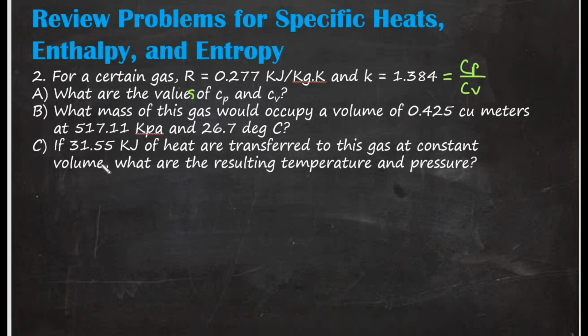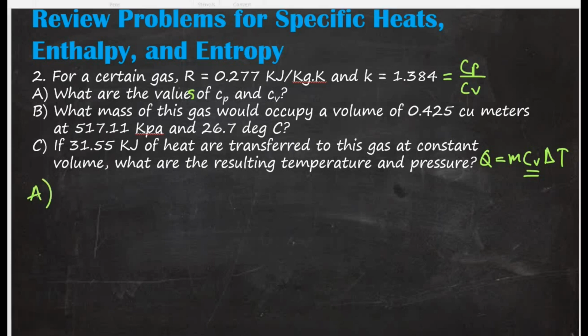And letter C, if 31.55 kilojoules of heat are transferred to this gas at constant volume, so that is very important, constant volume, because it means that your Q would be equal to m C V delta T. What are the resulting temperature and pressure? So let's go ahead and solve letter A.